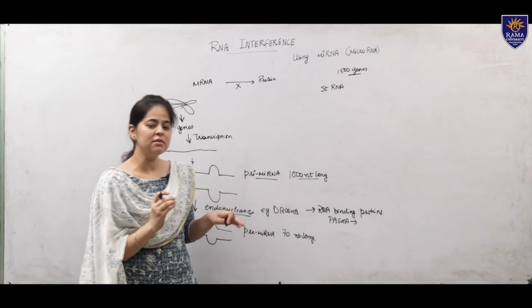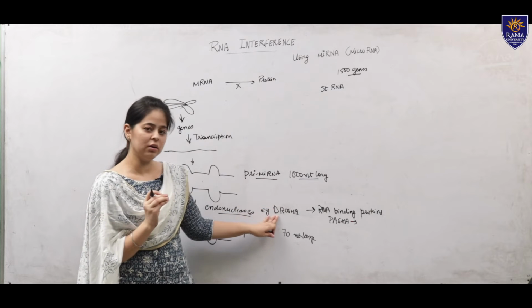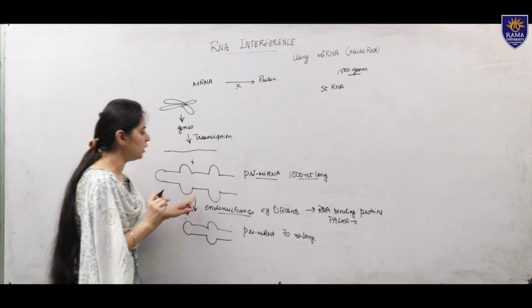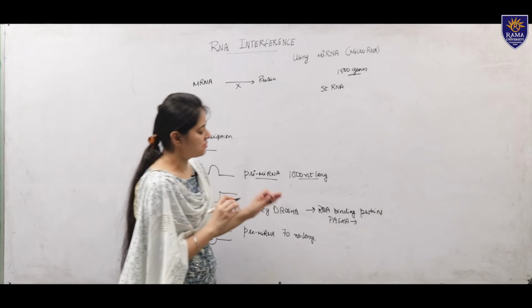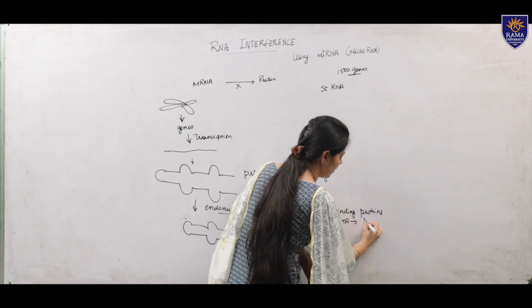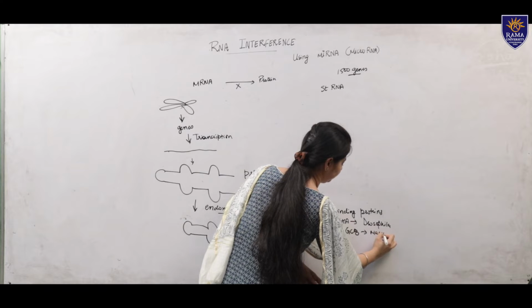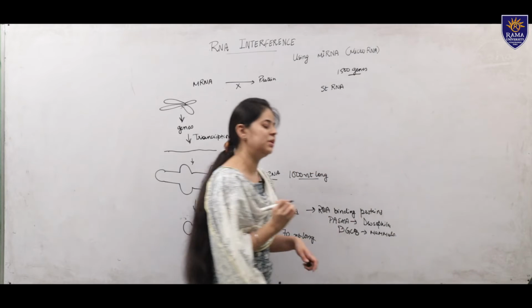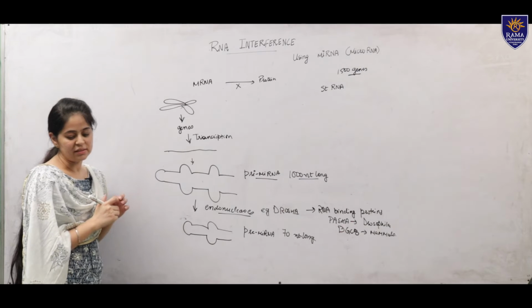This PASHA is the RNA binding protein which helps DROSHA loading onto the pre-miRNA. But this PASHA is present in Drosophila, and in mammals it is known as DGCR8.